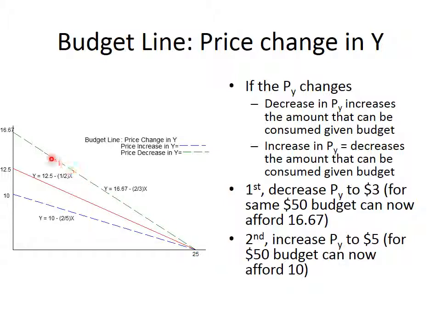So what that's going to do is change our exchange ratio. Because we now have a price of Y of $3, our price of X stays at $2. For every Y we give up buying, okay, we're going to get 1.5 X's. To get 1 Y, we have to give up 1.5 X's, which would be 3 halves.